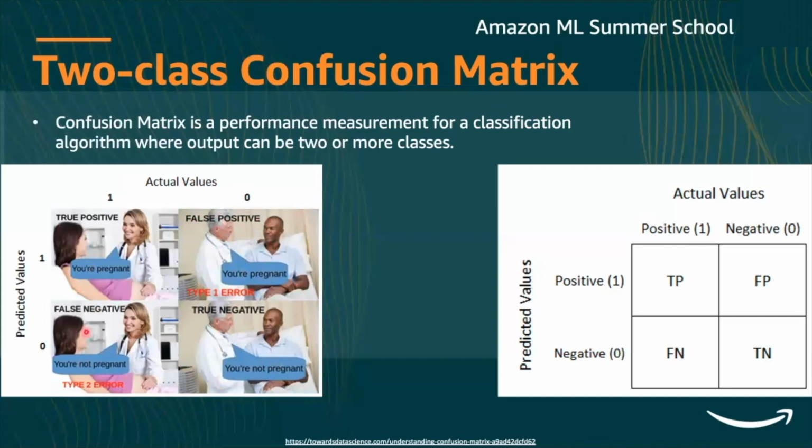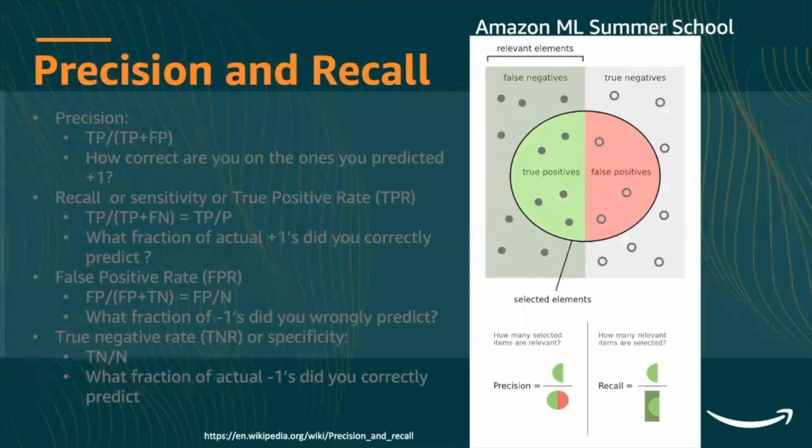Similarly, you have a false negative case, right? A woman goes to a gynecologist, she is actually pregnant, the true value is 1. However, the gynecologist says you are not pregnant. So this is a false negative case, right? On the right hand side, this is a concise representation of the same figure. TP represents true positive, FP represents false positive, FN represents false negative, and TN represents true negative.